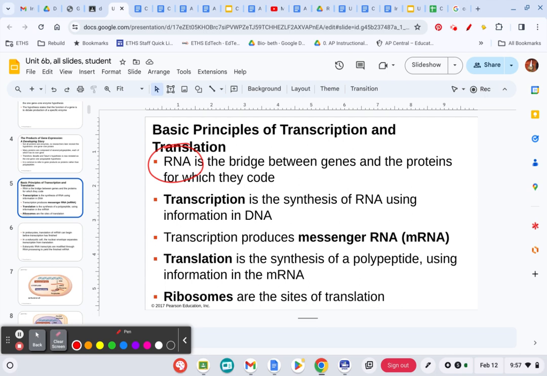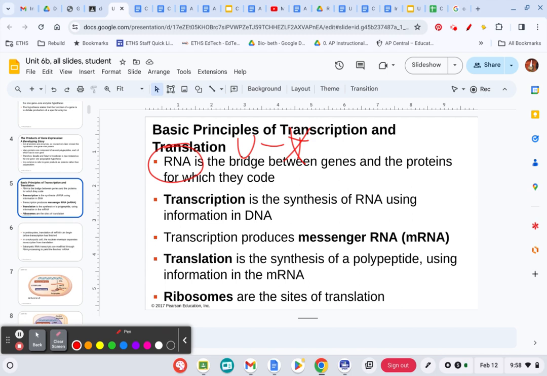Good. And what else? There's kind of two big things. Uracil. You're going to use U instead of T. T is not going to be there in RNA. It also has ribose for sugar rather than deoxyribose.